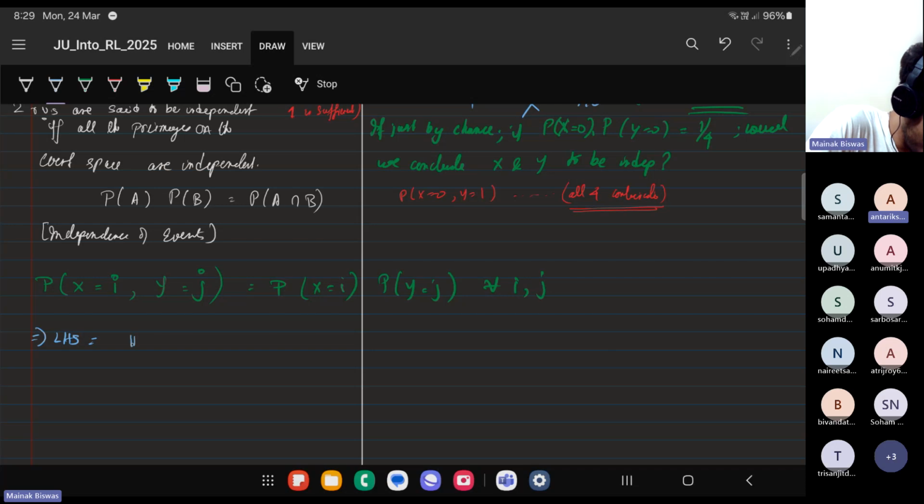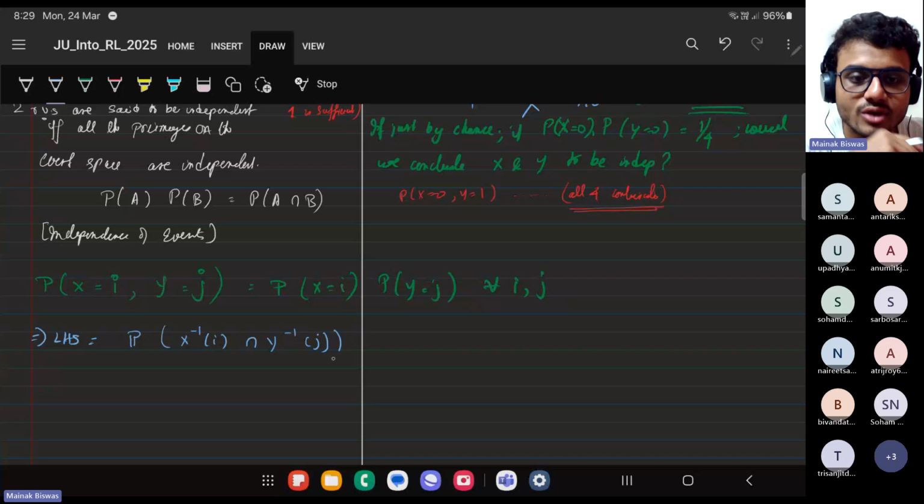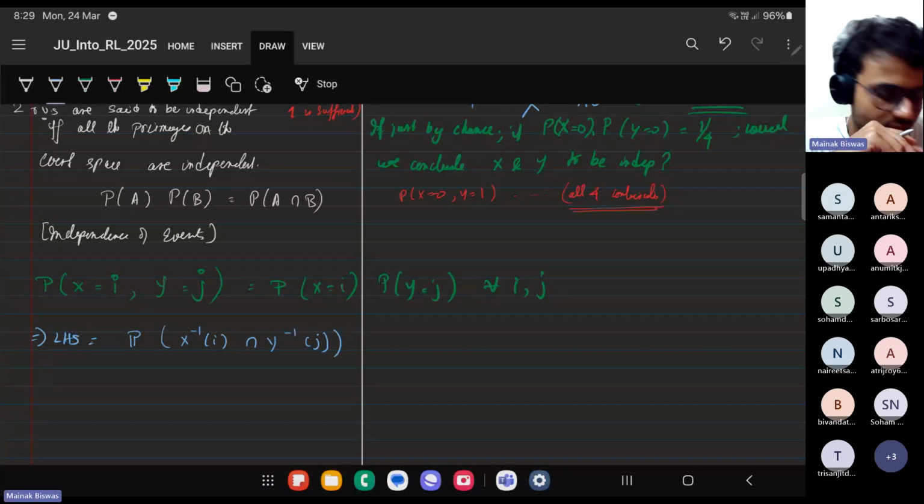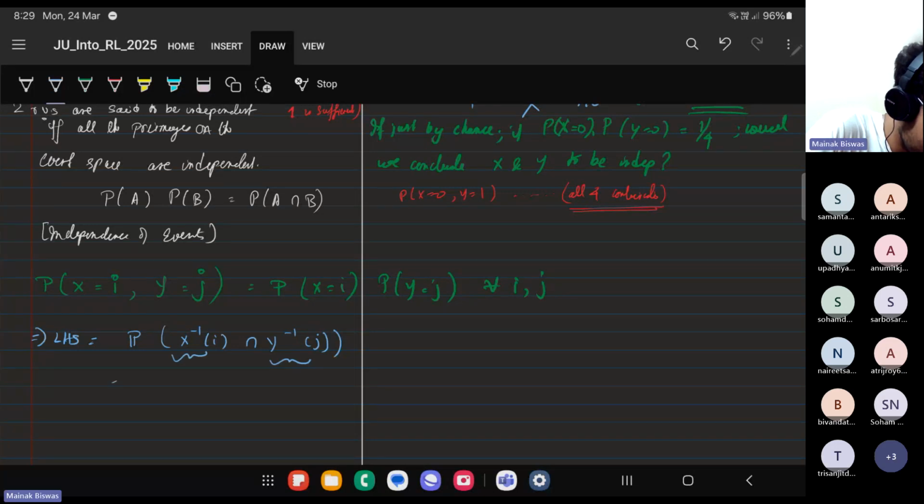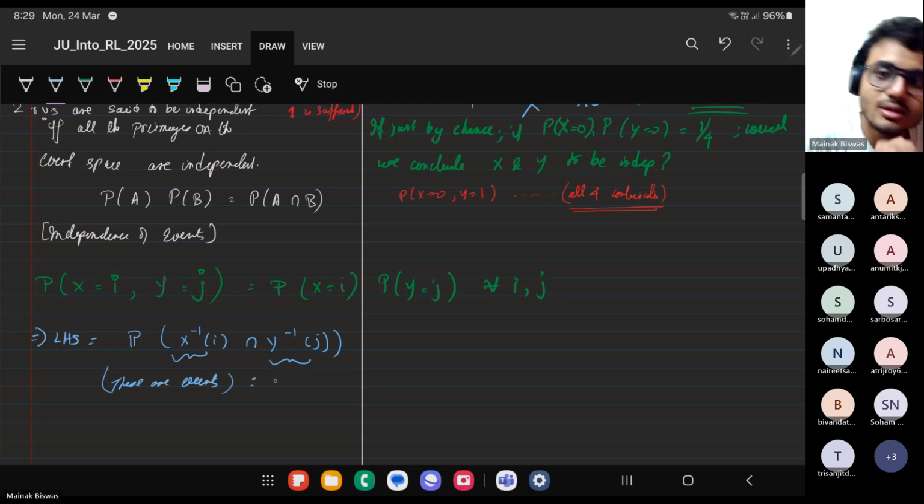Probability of omega belongs, can we write this as X inverse of I intersection Y inverse of J? That's what we wrote in the first when we wrote a joint. Fine. So again, what are these? These are events, right?